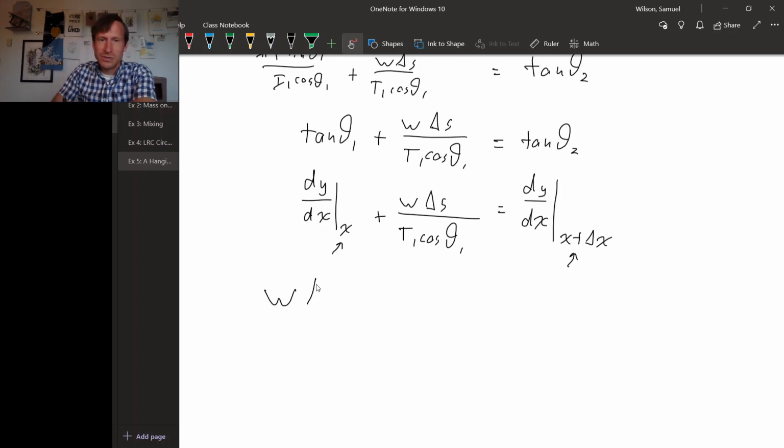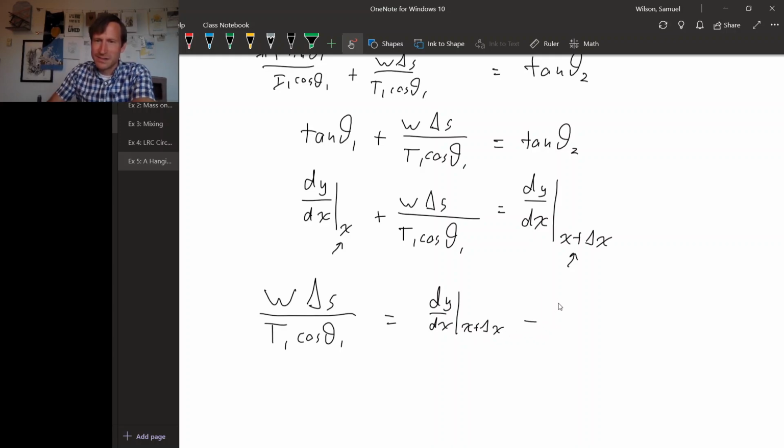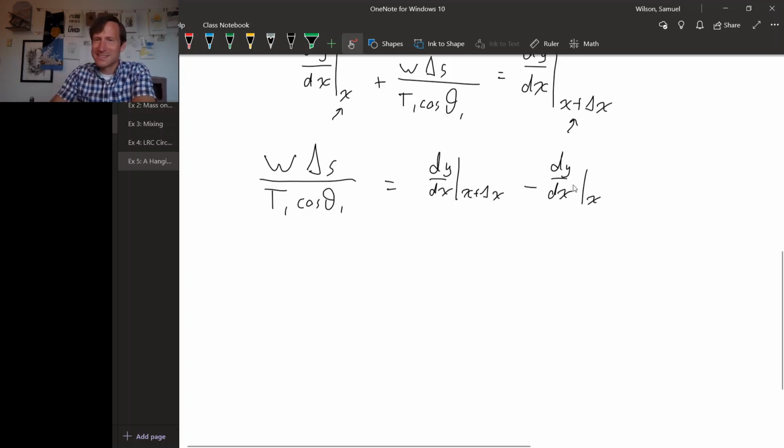We get W delta S over T1 cosine theta 1 equals dy/dx at x plus delta x minus dy/dx at x. Okay, and now this right-hand side really looks like it's trying to be a difference quotient because we have a function, dy/dx, evaluated at two x values that are very close to each other.